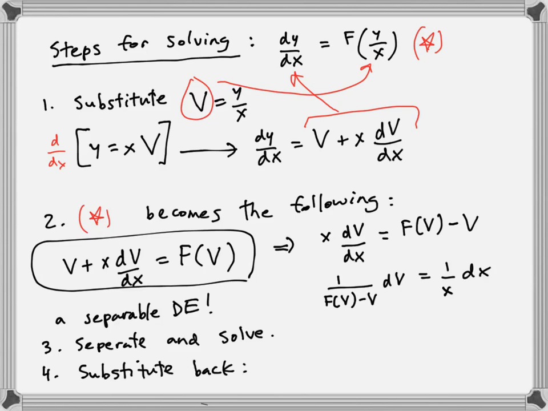In other words, don't forget to replace v with y over x, right? Because you're not allowed to leave v in your final answer. Okay, so these are the 4 steps. In other words, make that substitution. Don't forget to find dy dx by using the product rule. Convert your differential equation, and then it turns into a separable differential equation that you can solve.